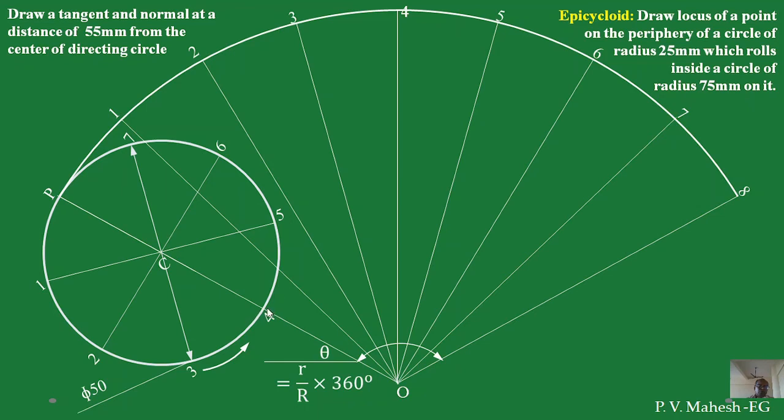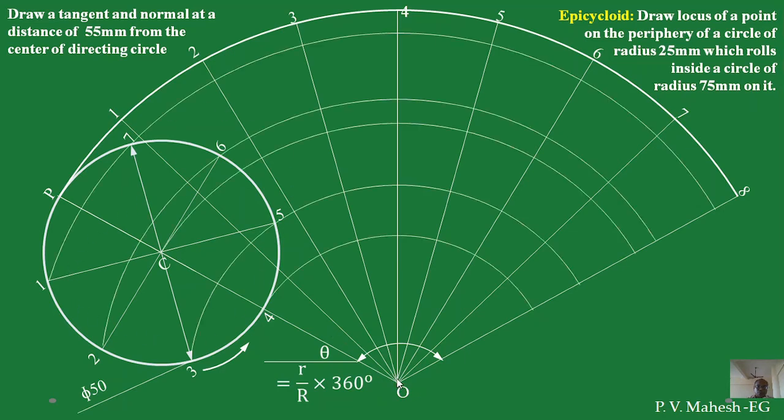Now I have to draw arcs through all these points 1, 2, 3, 4, 5, 6, 7 with O as center, like this. Now the center line is already divided, so I can mark the points on the center line C1, C2, C3, C4, C5, C6, C7, C8.